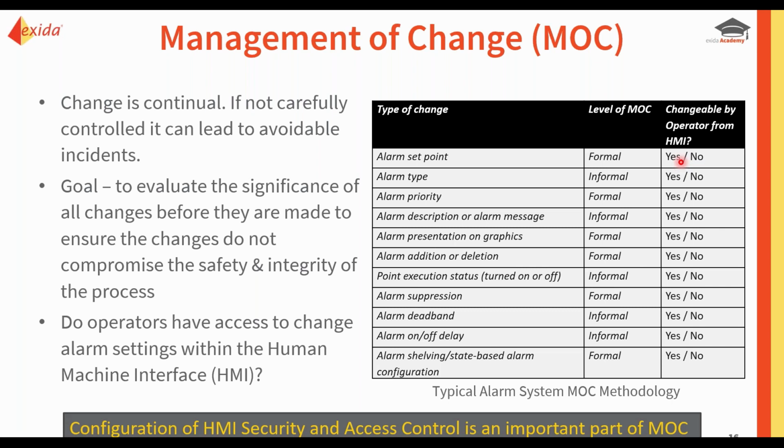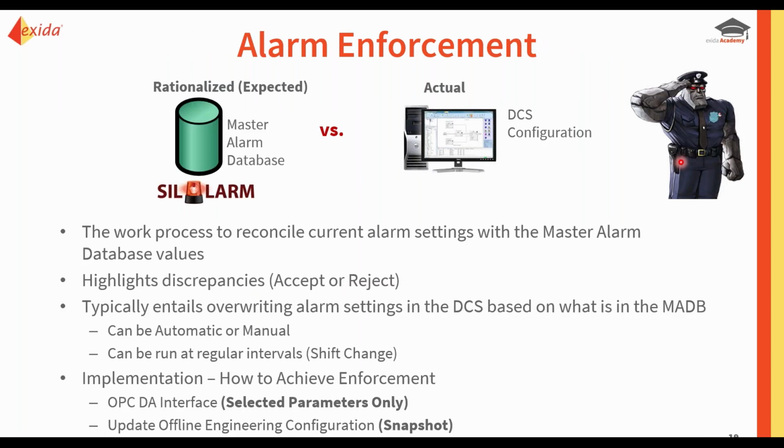In an upset situation, operators might try anything they can to get the system back stable and running. So that could include changing alarm limits when you're not supposed to. So I would recommend considering security and access controls and defining them appropriately to complement your MOC process.